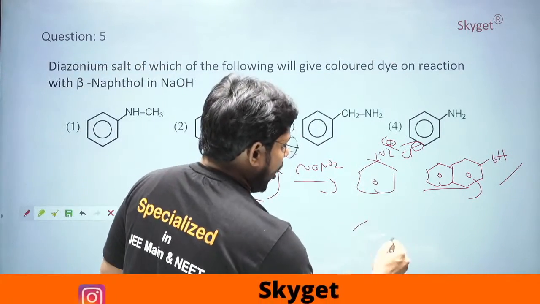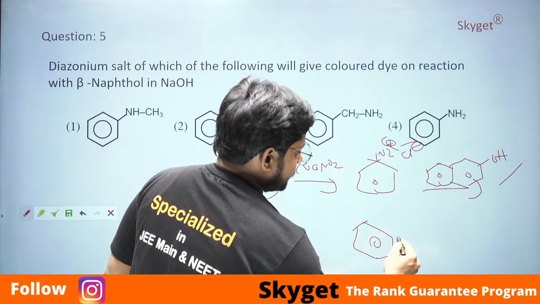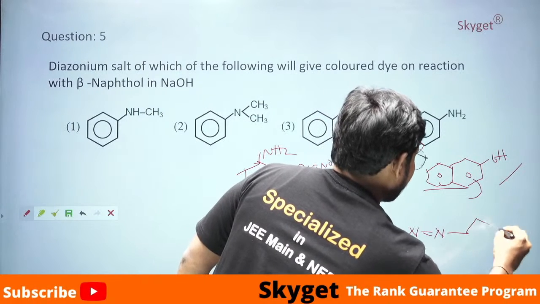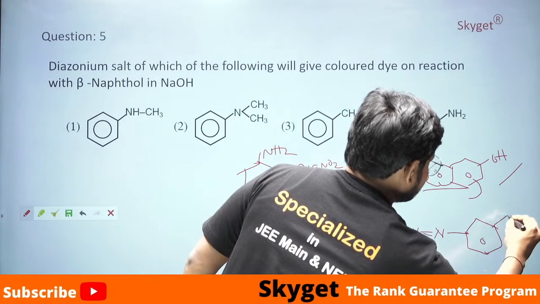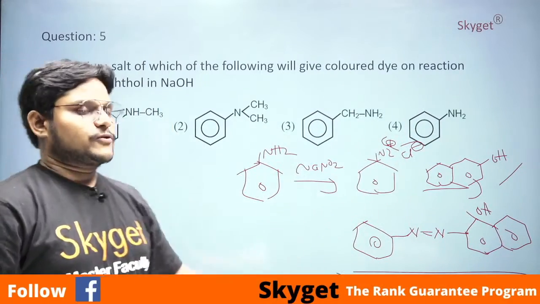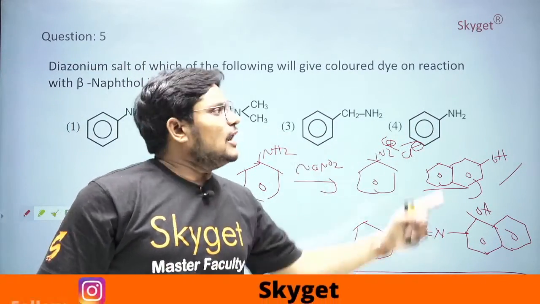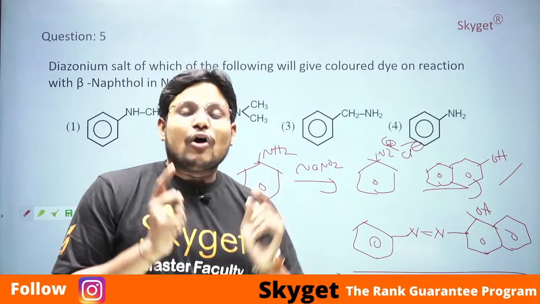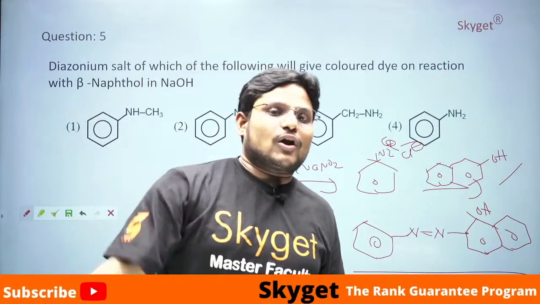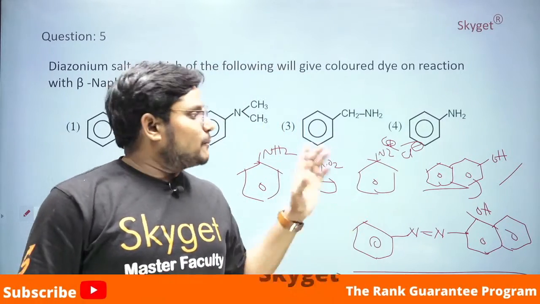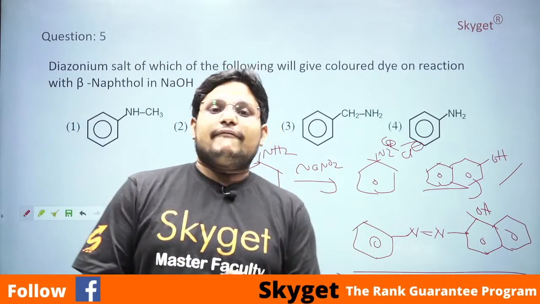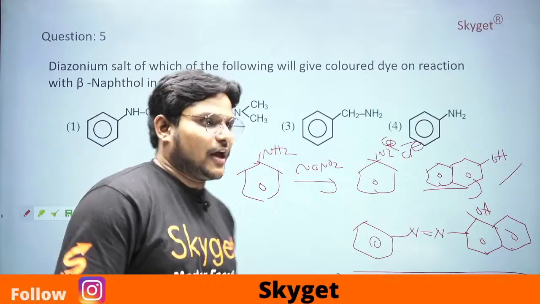Now this can form this compound, students. This can be done only by aryl amine. So focus, students, focus. Students who are writing tomorrow's JEE exam, this is for you. So please concentrate very much on this diazonium reaction, students. Okay, next.